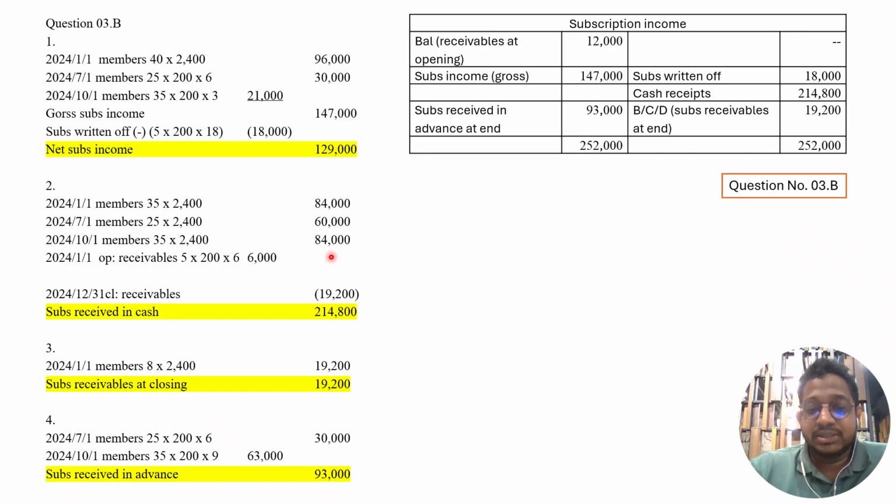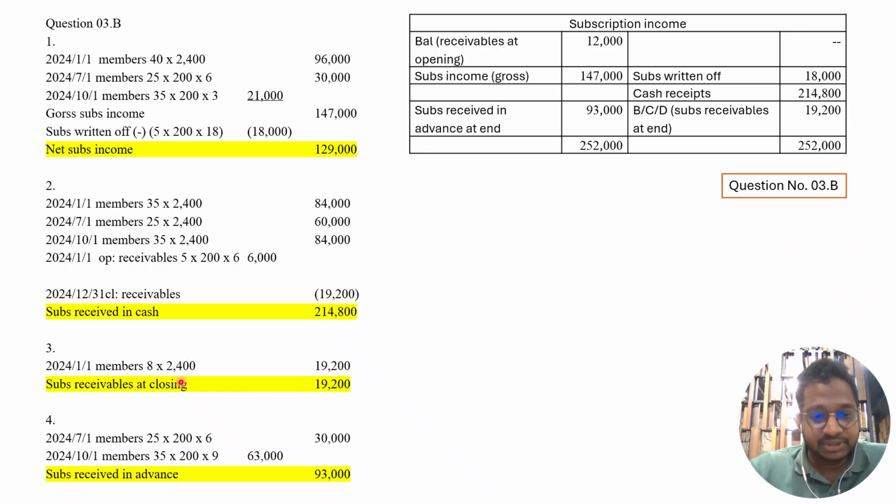And then to that you have to add the opening receivable from those 5 members. 5 out of 10 are paying correctly. So those 5 opening receivables, and from those you have to exclude the closing receivable at the end. Then you can find out the subscription received in cash.